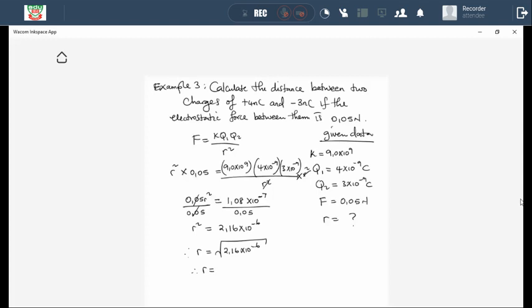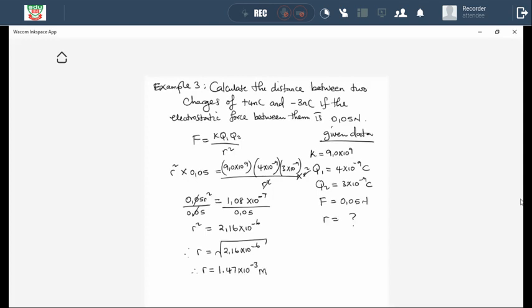Therefore, r, which is our distance, is equal to the square root of 2.16 times 10 to the power negative 6. And I am getting here 1.47 times 10 to the power minus 3.